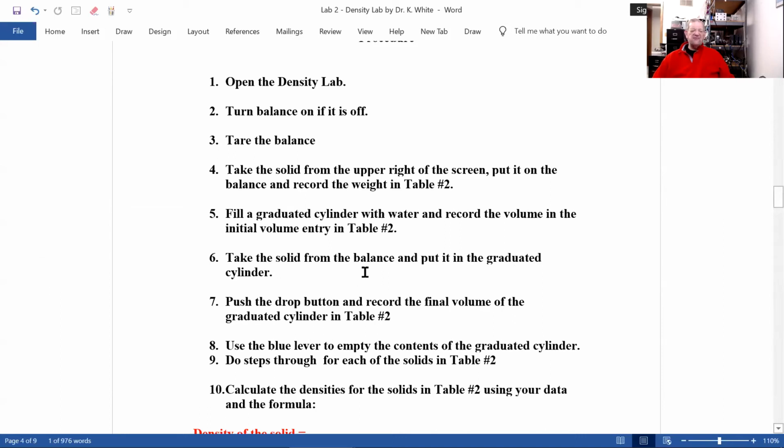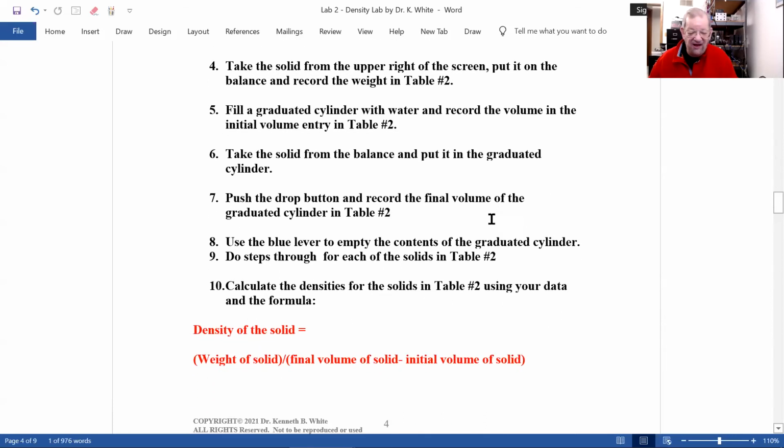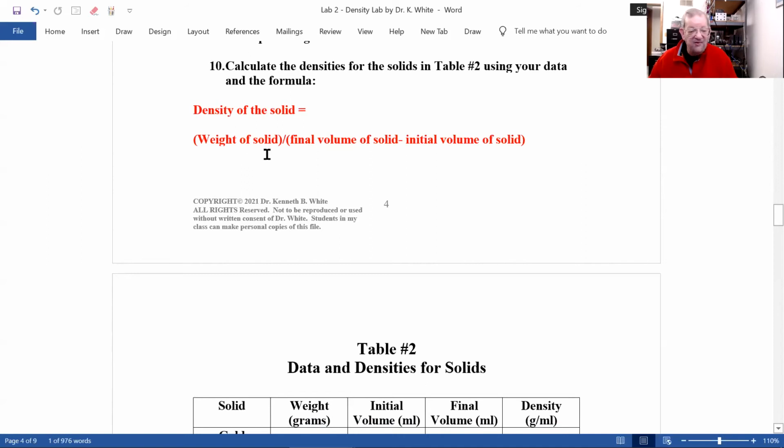And after it drops, the liquid, water and that will rise. And that's your new volume. And the difference of the larger minus the smaller number is the volume of that solid. Oh, look at this. Density, weight, divided by final volume minus initial volume.